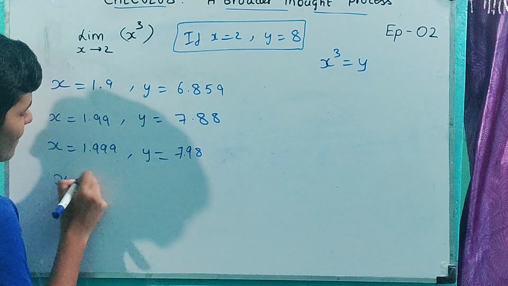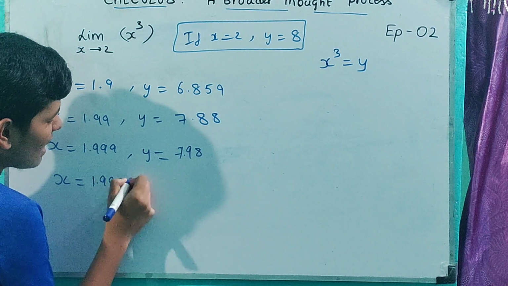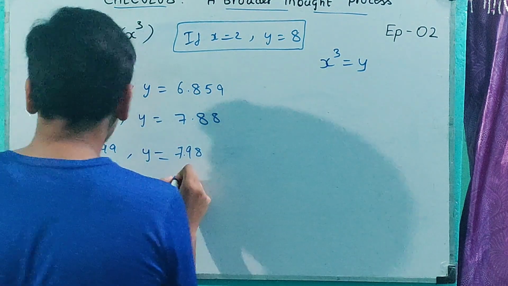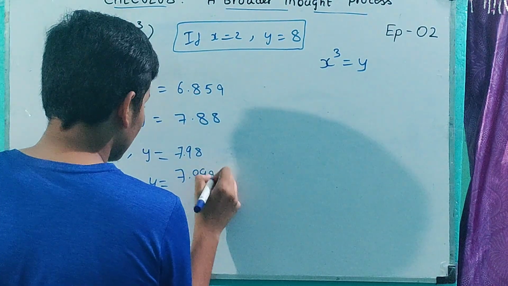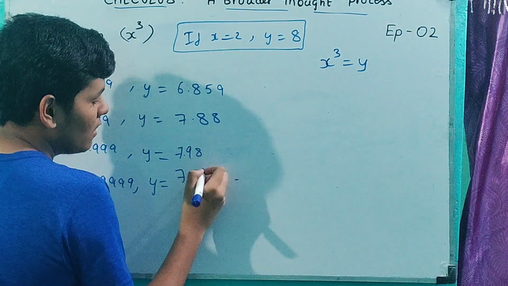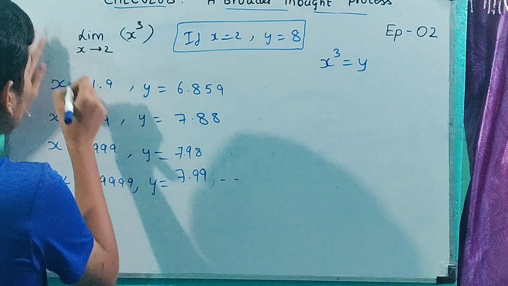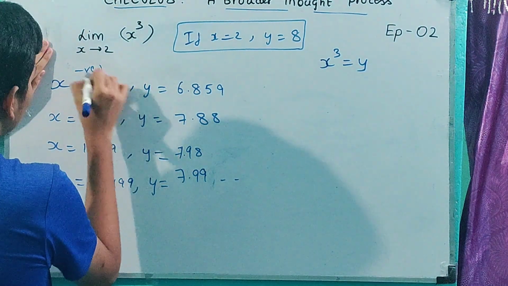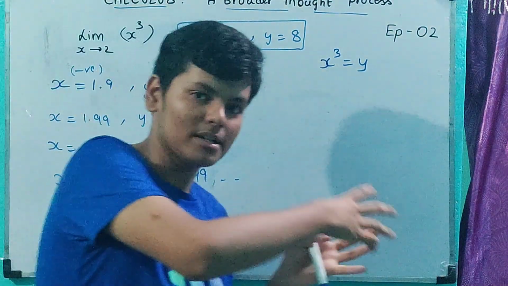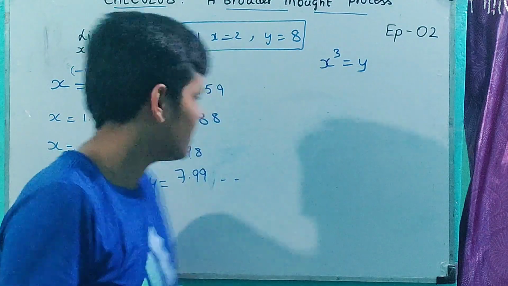Let us suppose the value of x is 1.9999. The value of y comes out to be 7.999 or something. Now here we get the idea of the limit. First we approached it from the negative side, negative side in the sense from the 0 side. So I call that the negative side for example.